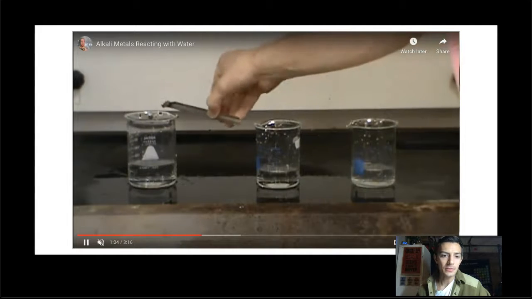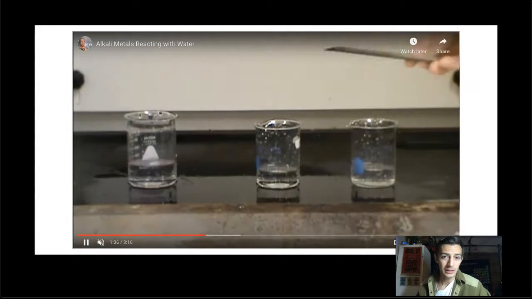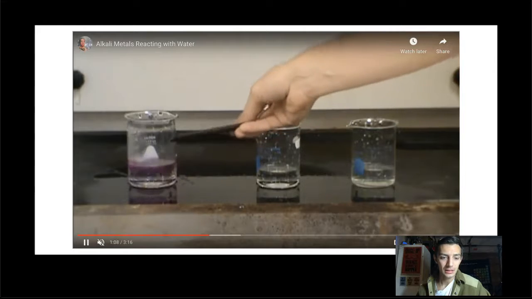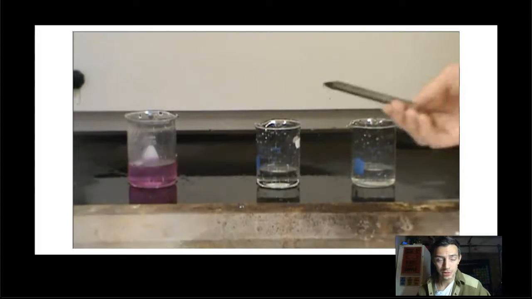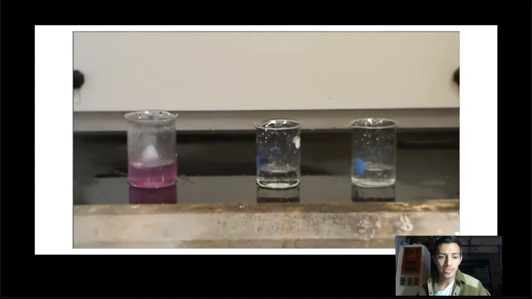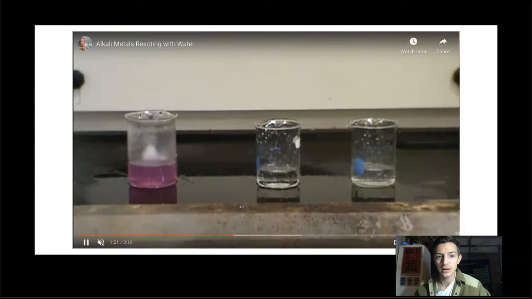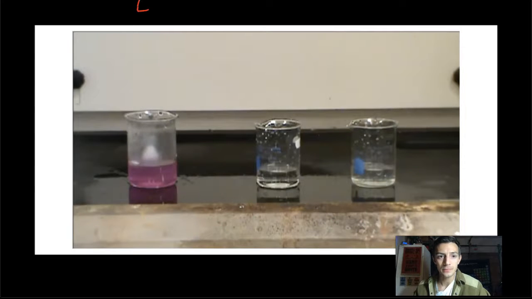In this video you've got three different metals that are being added to beakers of water. There's nothing special about the water, it's just regular water. And really what you're seeing is the reaction that happens when an element called lithium is added, there's its symbol, to water.